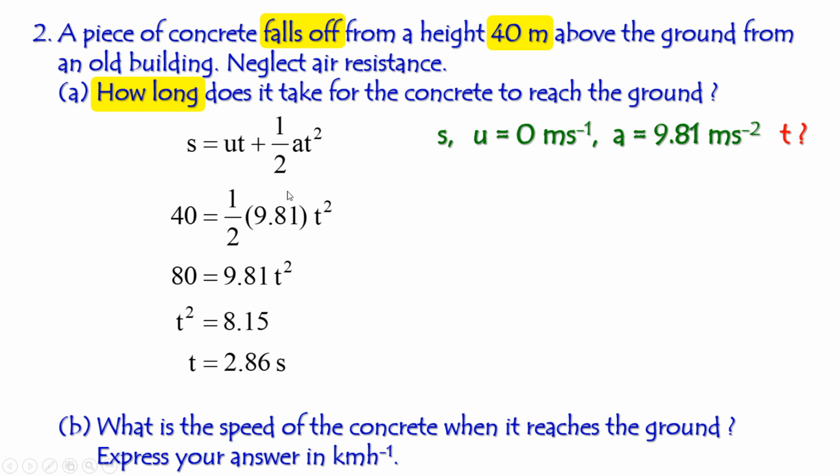And when it reaches the ground from the 40-meter height, what is the speed of the concrete when it reaches the ground? You need to find out the value of V, but you have to express it in km per hour. This part may be a bit difficult, but I will tell you later. You need to find the value of V. So what other information do you have?